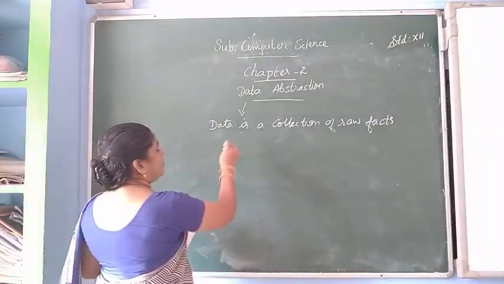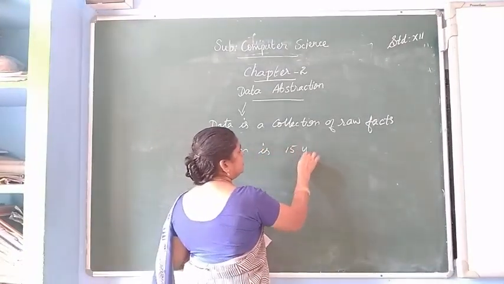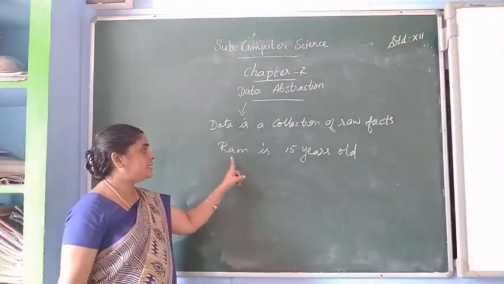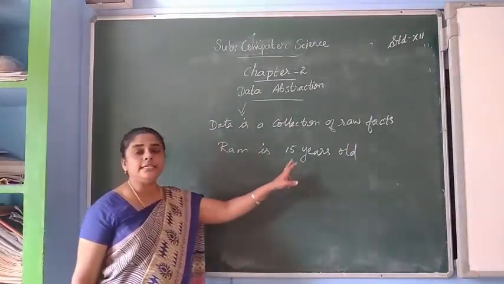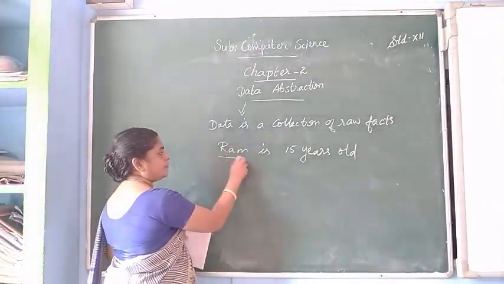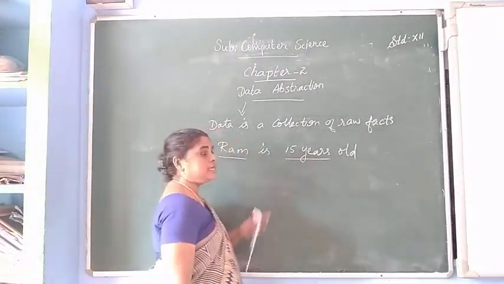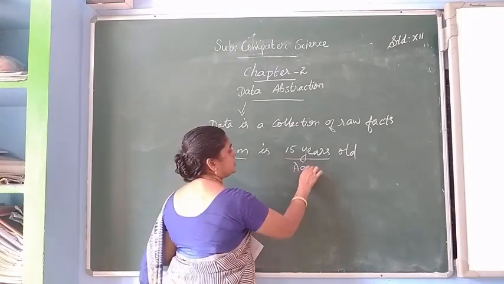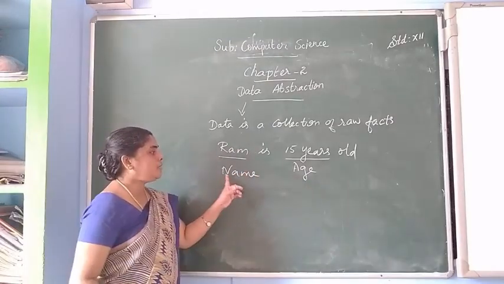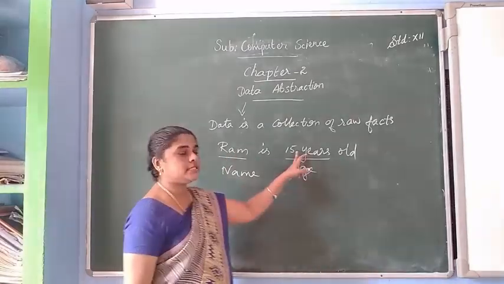Next, for an example, Ram is 15 years old. This is the example for data. See here, the name mentioned was Ram. Ram is the name of one person. Then 15 years is the age of this particular person. So the value of name is Ram and the value of age is 15 years.